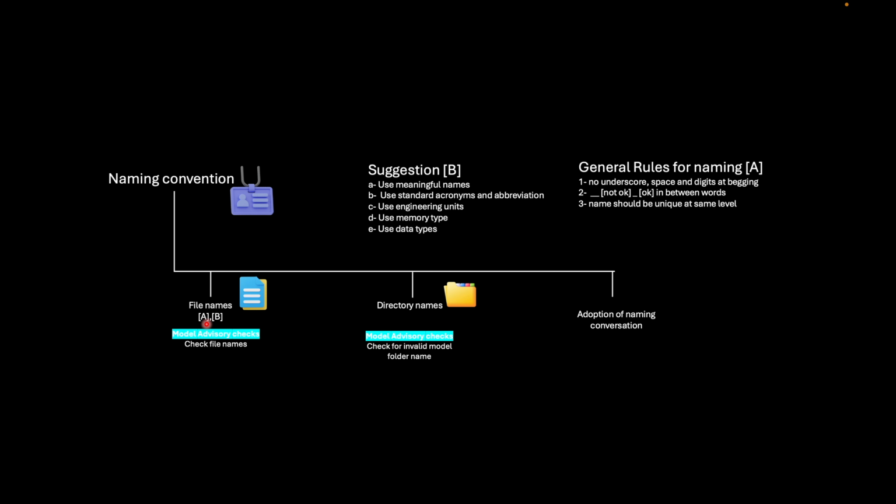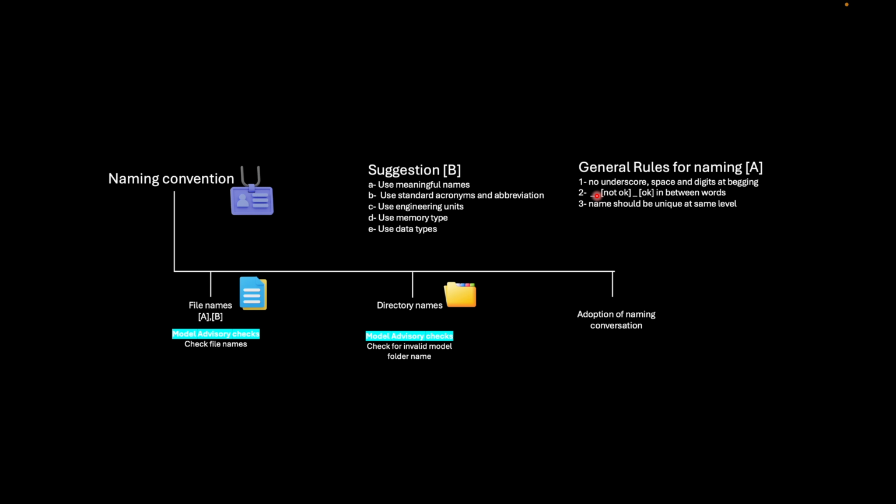Coming to the naming convention for the file, the first is general rules for naming. You need not use any underscore at the beginning of the file name. The file name should start with some alphabet, not with an underscore, not even with a space, and not even with any digit. These should be followed as a general guideline.